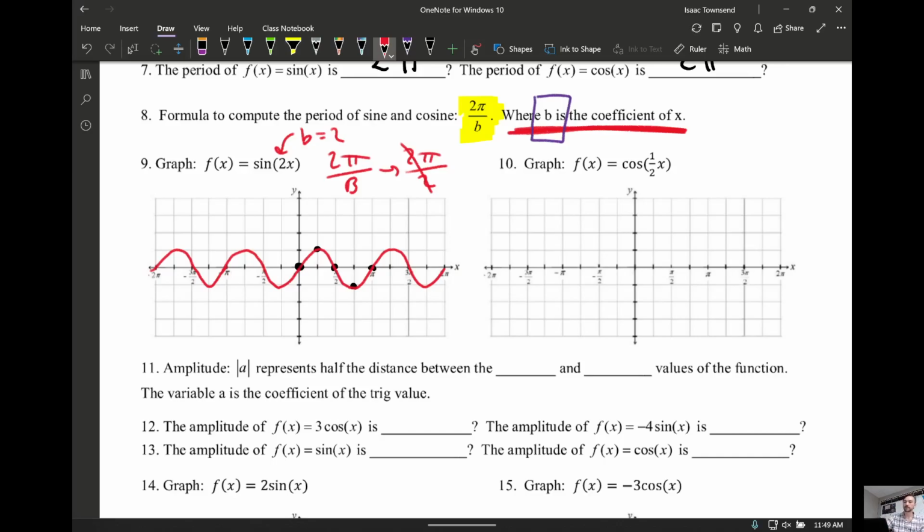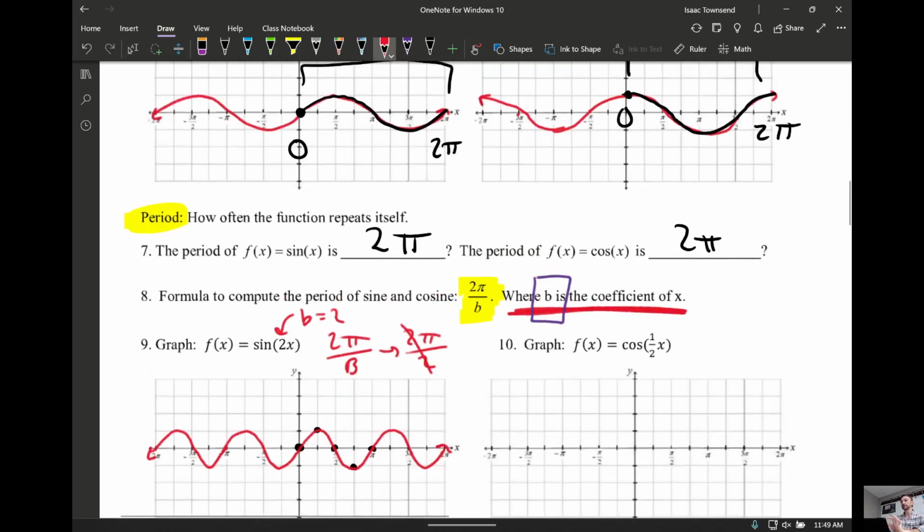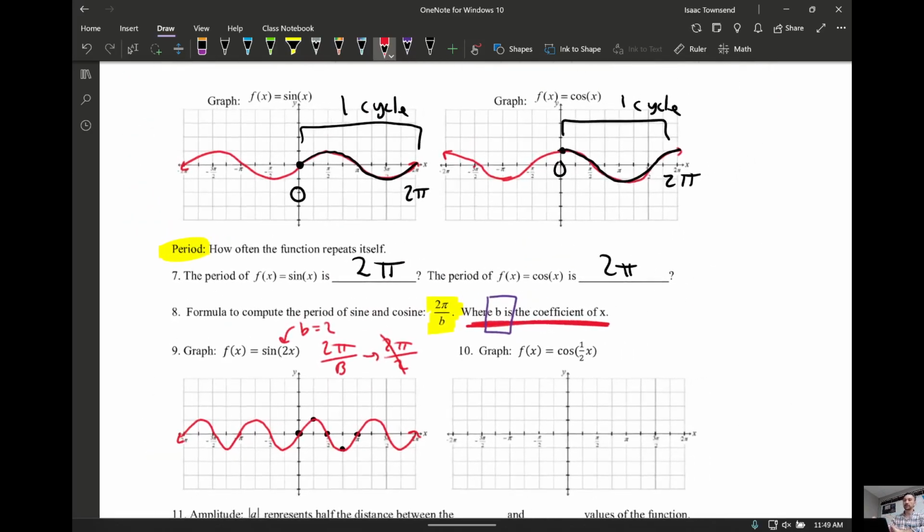So by making b equal 2, if we compare these, you can see it just changes how often the pattern repeats. It takes less time because b was 2. And I knew that the period needed to be pi because of the formula 2 pi divided by b.